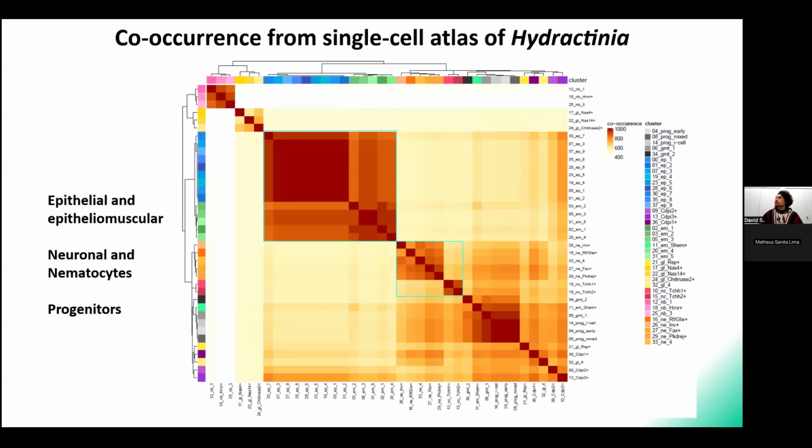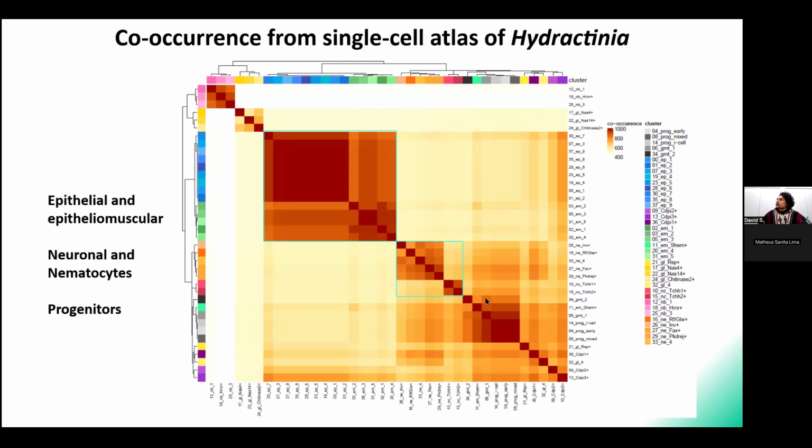They have a lot of similar expression. We see also that the neuronal cell types and the nematocytes, which are the stinging cells from the cnidarians, are related, not as tightly as the epithelial and the epitheliomuscular, but they have some relationship between each other.